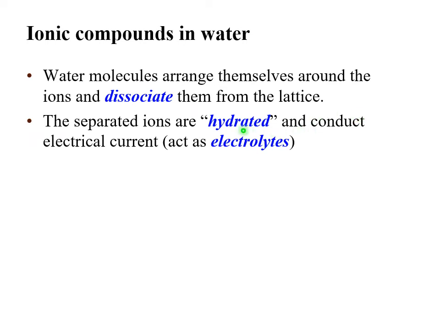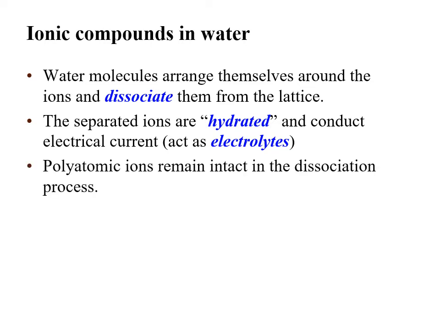Separated ions are hydrated, and if the compound is ionic, they conduct electricity, acting as electrolytes. Now, polyatomic ions remain intact in the dissociation process. So if you have sulfate in your crystal, it will still be sulfate in solution. If you have carbonate in your crystal, you'll have carbonate in solution, and so on.